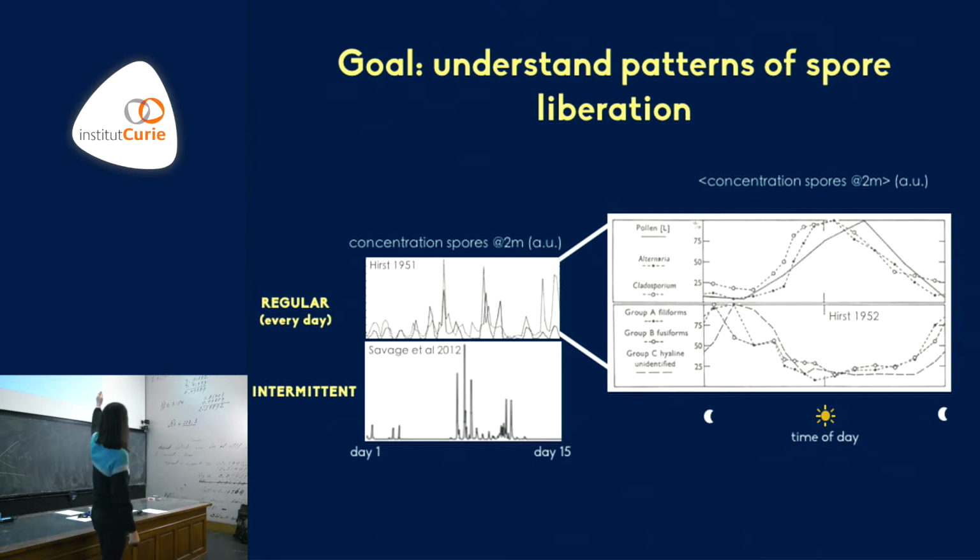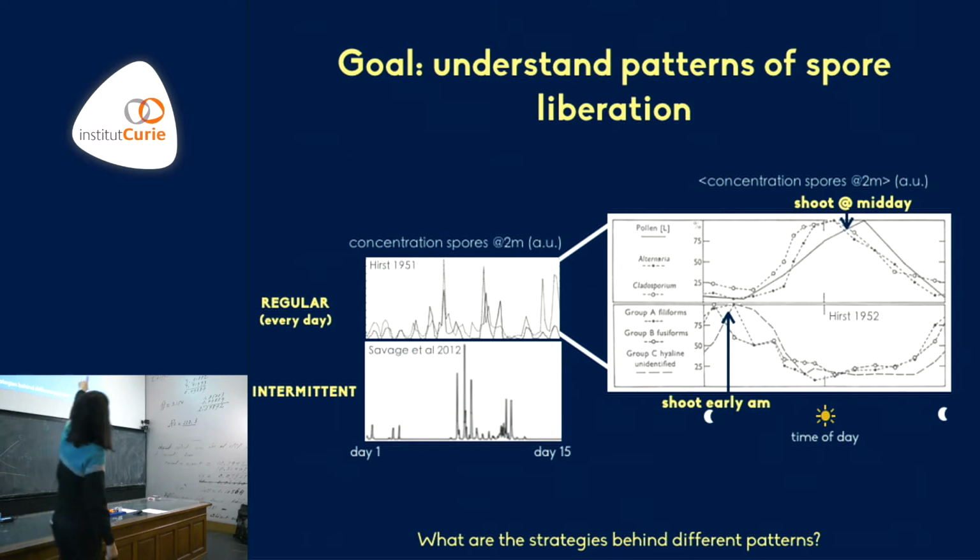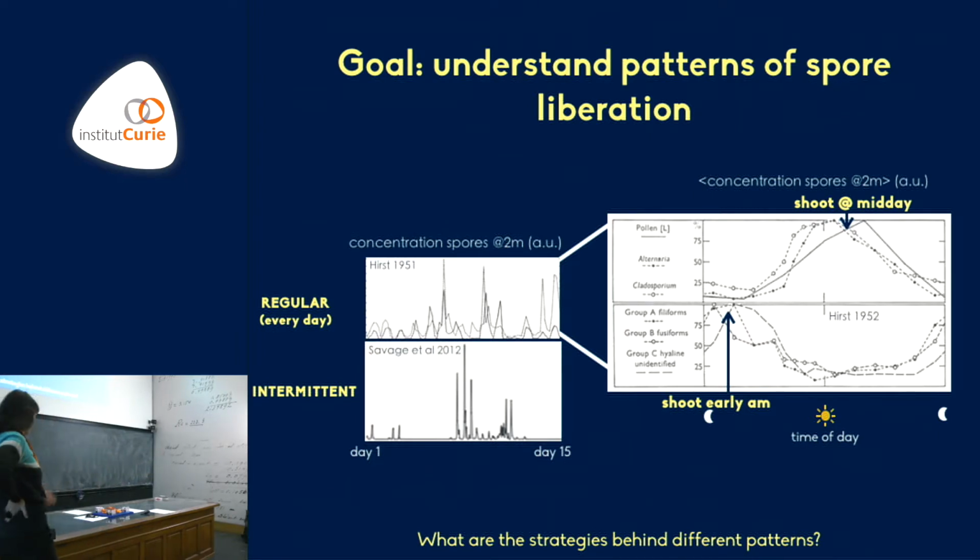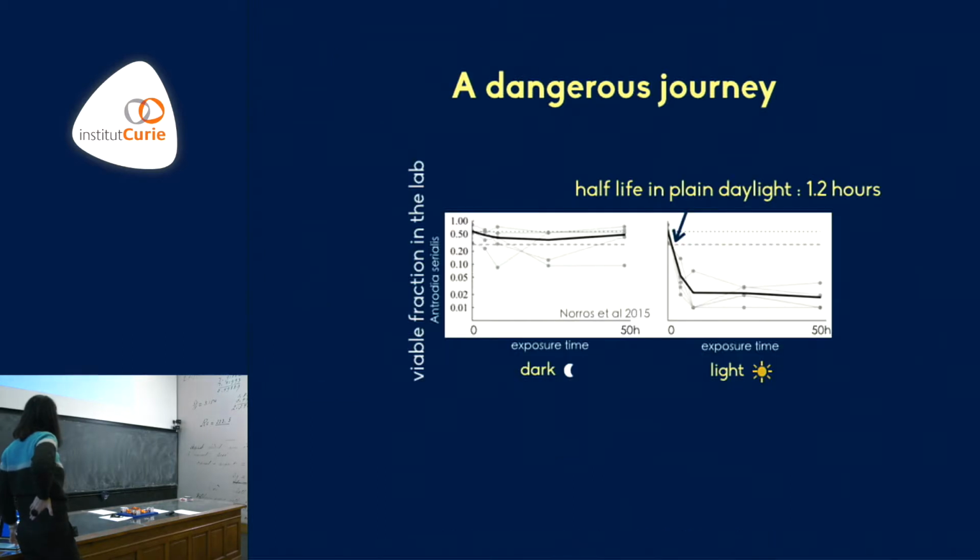There are some species who prefer to eject during the day, like those up there. And some other species prefer to shoot at night. So it looks like there are preferences over which spores are liberated. Does this have anything to do with the fate of the spores? What happens to them in the atmosphere?